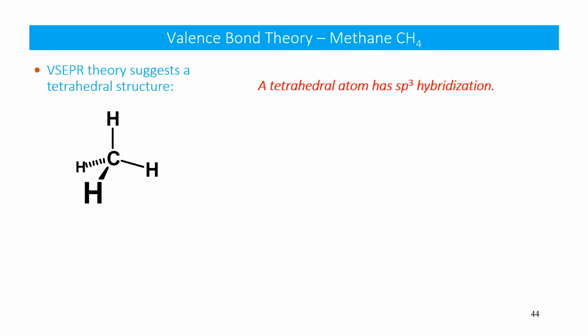We start off with our Lewis structure and then generate our VSEPR model. Note that the tetrahedral atom is what we call an sp3 hybridized atom. The tetrahedral center, of course, is carbon, so carbon is sp3 hybridized.